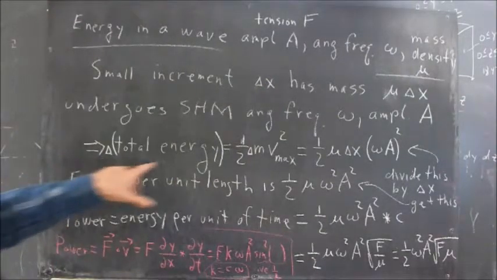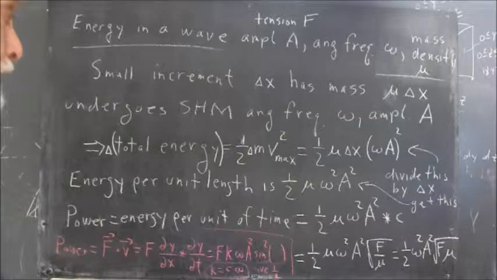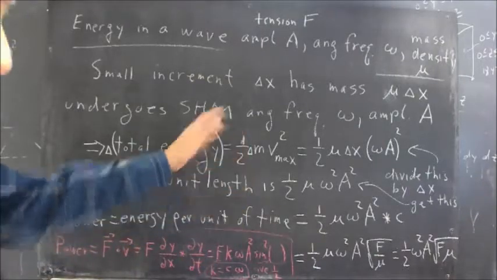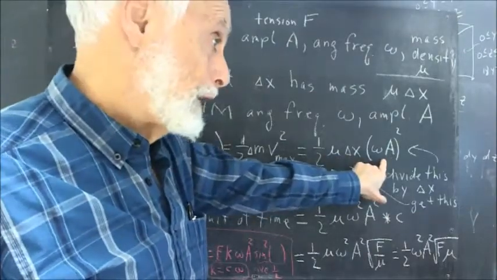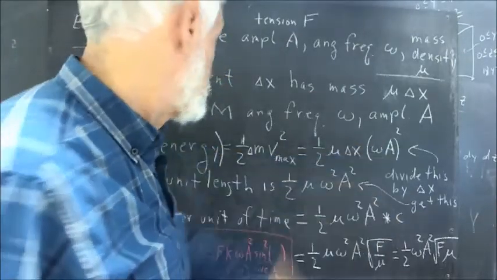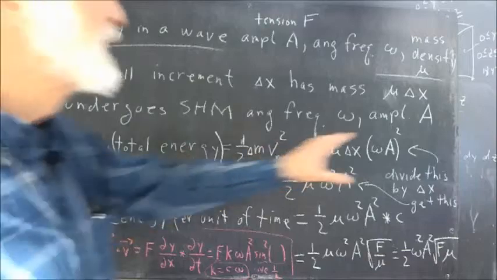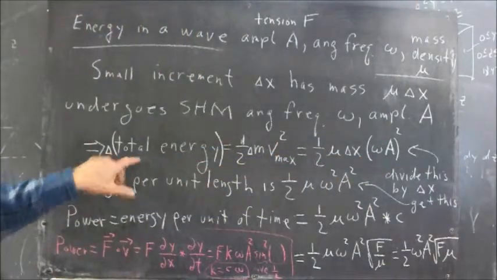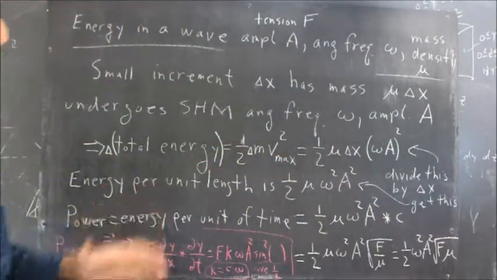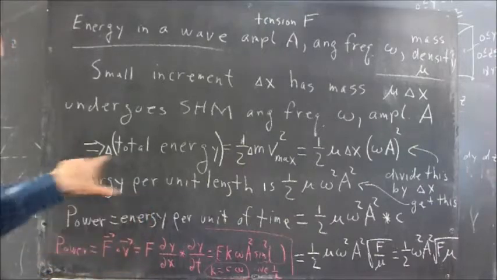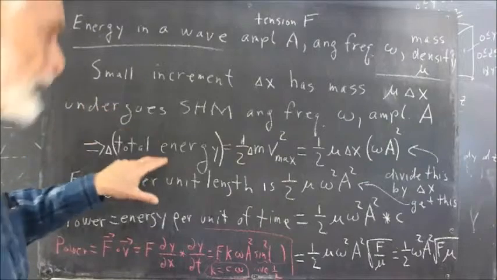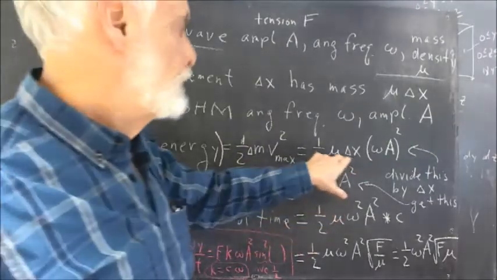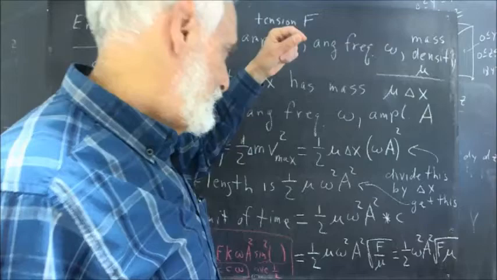The contribution to the total energy in the wave from this increment is the same expression we got before, 1/2 the mass times the maximum velocity squared, being the maximum kinetic energy, but that's the total energy at any time. That's the sum of the potential plus the kinetic. That's the total energy we have to provide the wave in order to get this mass increment into simple harmonic motion.